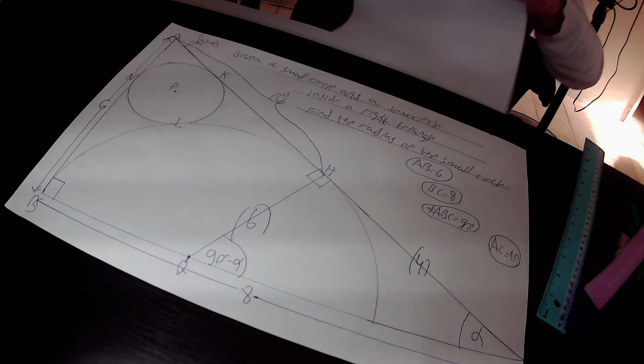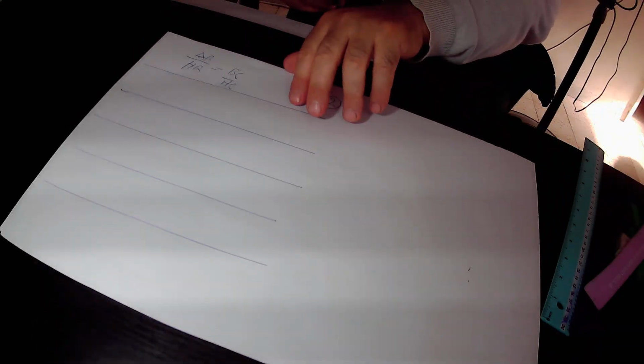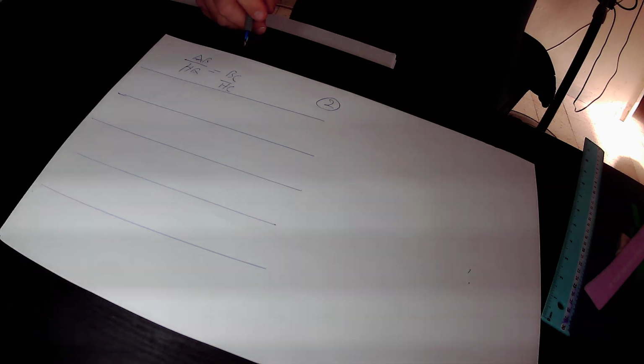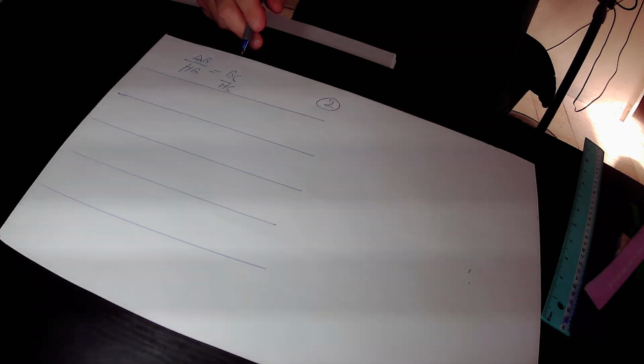Repeat again, we will derive that side AB in the big right triangle ABC over side HQ in the small right triangle HCQ equals side BC in the big right triangle ABC over side HC in the small right triangle HCQ.